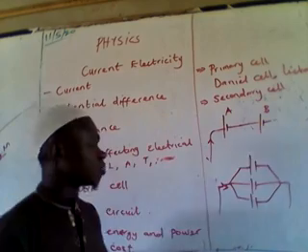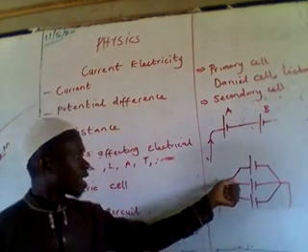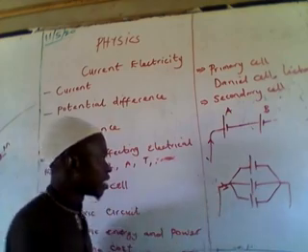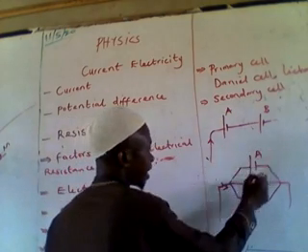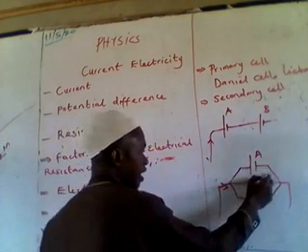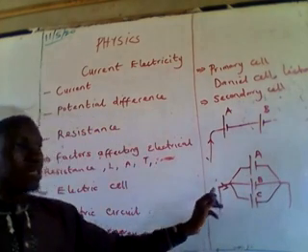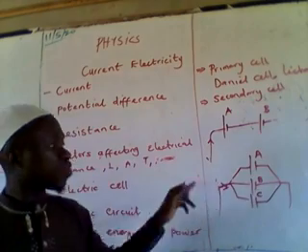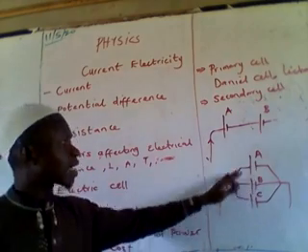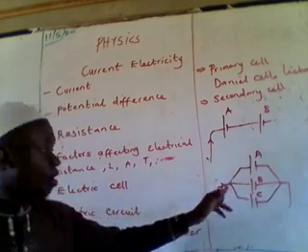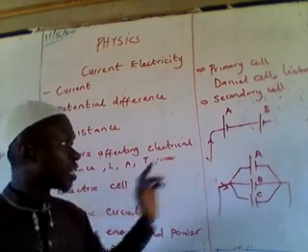You will see from this diagram that the current that enters cell A will be different from the current entering cell B, and likewise cell C, in such a way that there is unequal current flow in each of the cells. That kind of arrangement of cells is called a parallel arrangement.